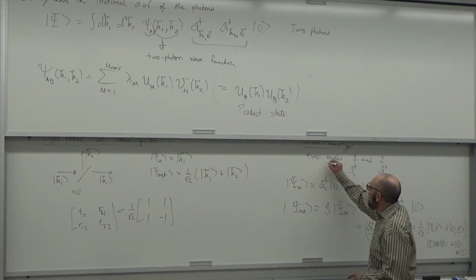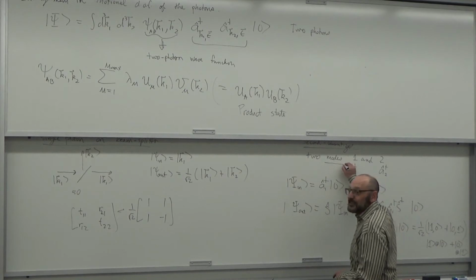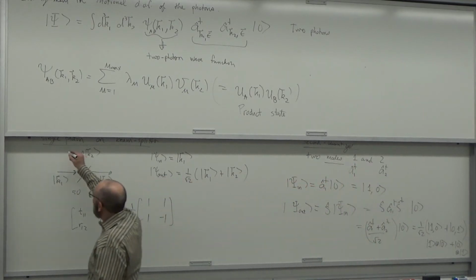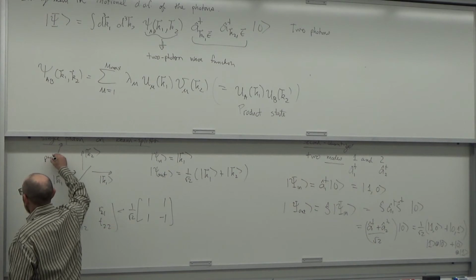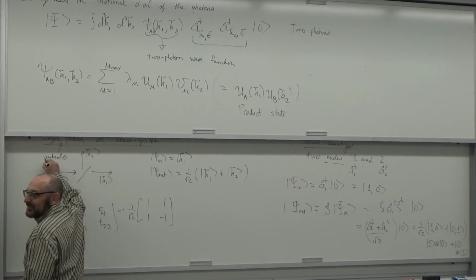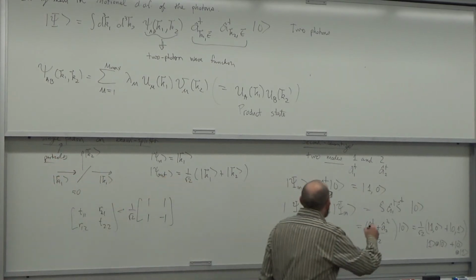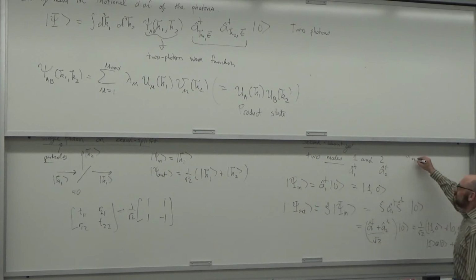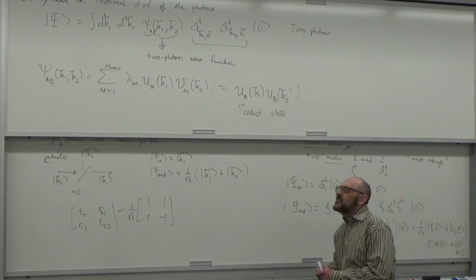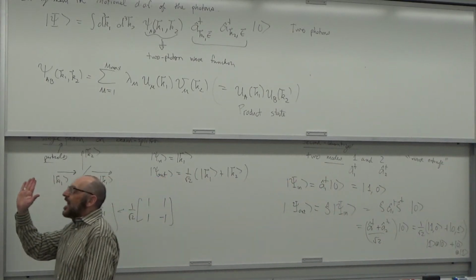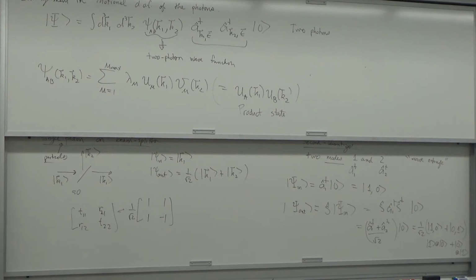Here I'm talking about modes, and here I'm talking about particles. This is what we would call mode entanglement. I can think about my electromagnetic field's degrees of freedom as a tensor product of modes.